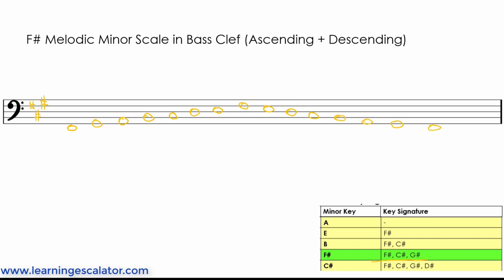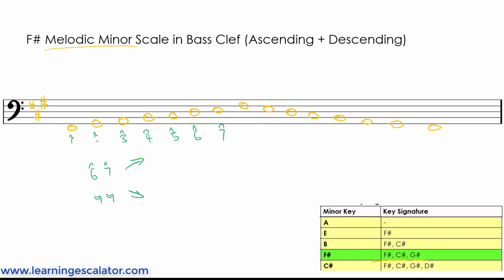Okay, so since it's a melodic minor, you raise the 6th and 7th when going up, and natural 6th and 7th when going down. So 1, 2, 3, 4, 5, 6, 7.